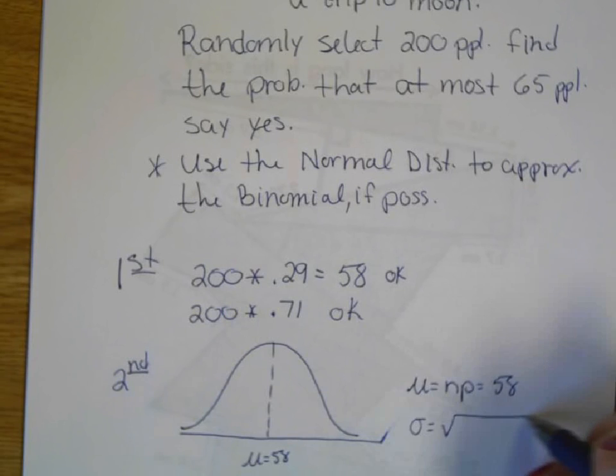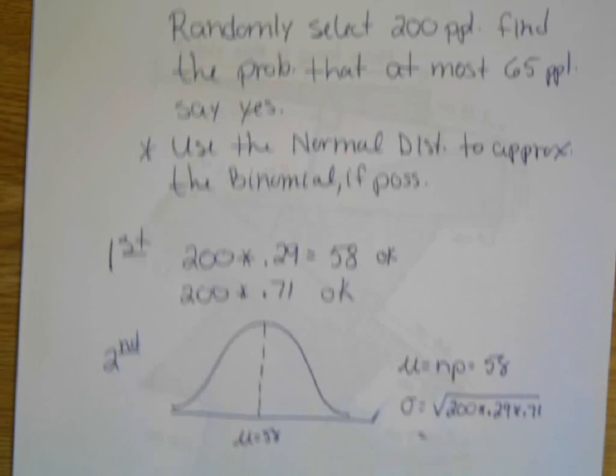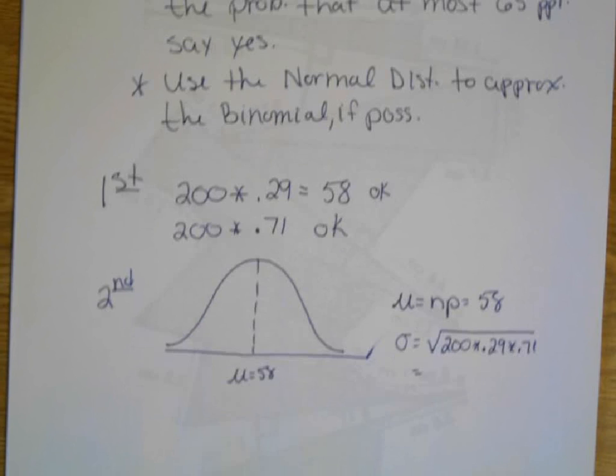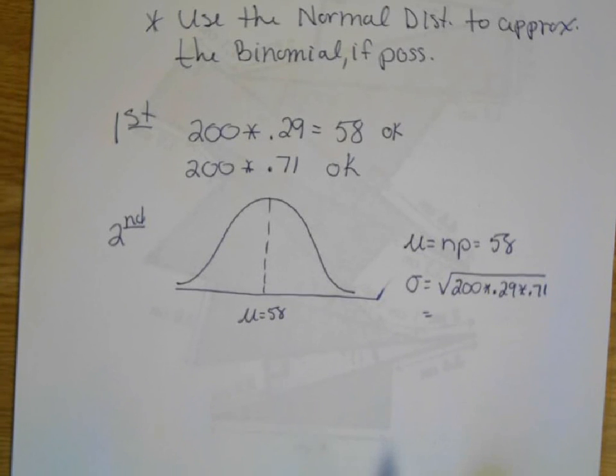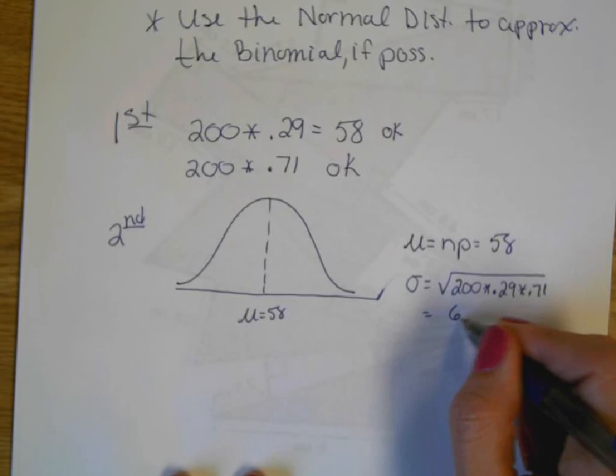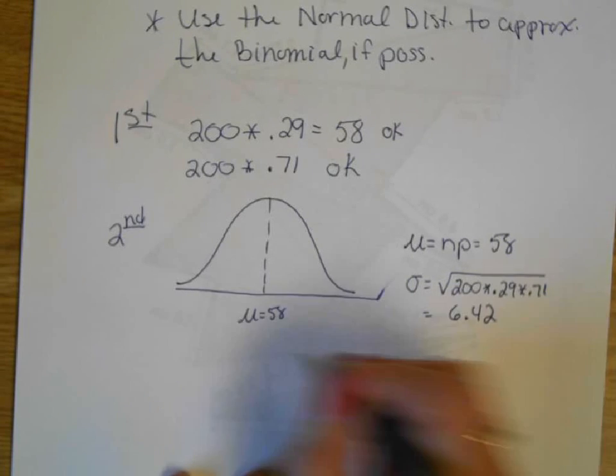It's the square root of 200 multiplied by the p of 0.29 multiplied by the q of 0.71. What did you get? 6.42? Okay.